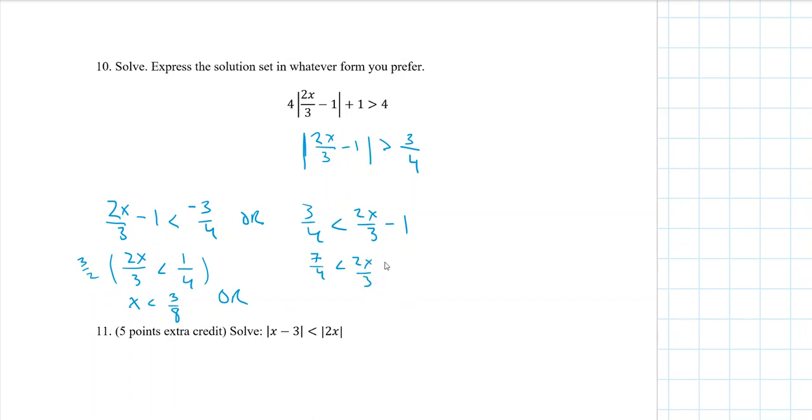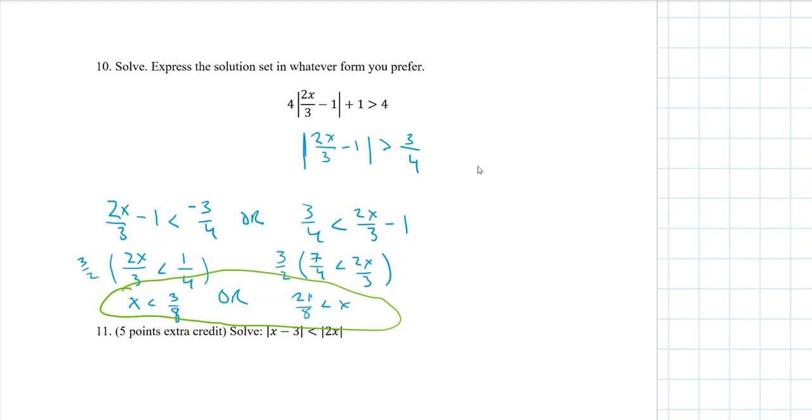Now I'm going to multiply through by 2/3. That gives me 3/2, 21 over 8 is less than x. So x is either bigger than 21/8 or less than 3/8. And this is doable graphically too, but I think this is the easiest way to do it. So I'll leave it at that.